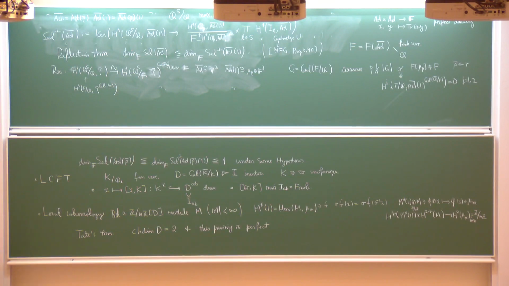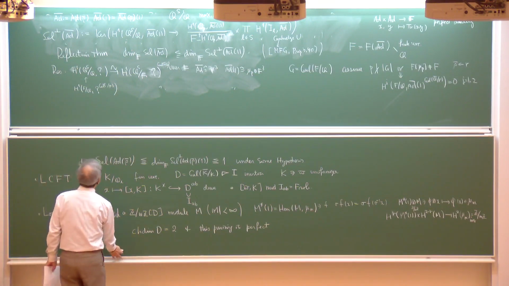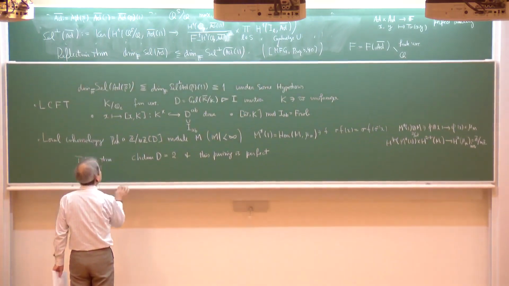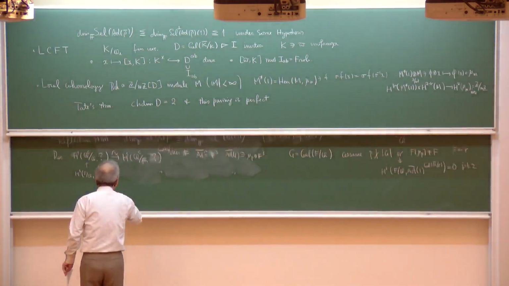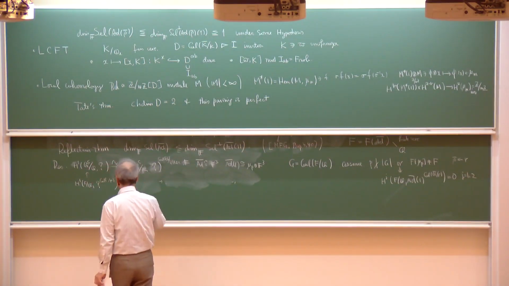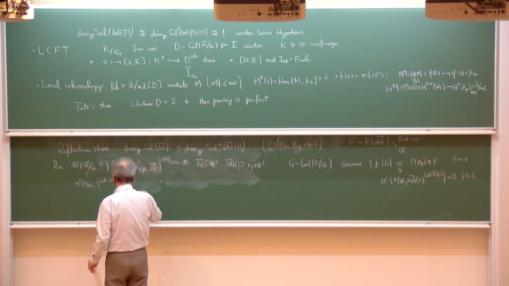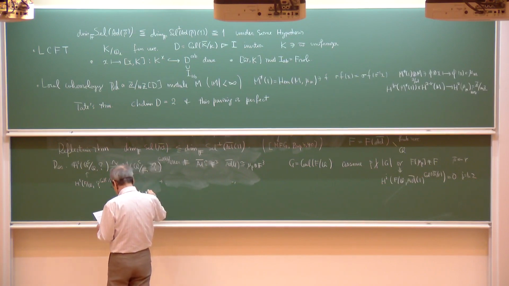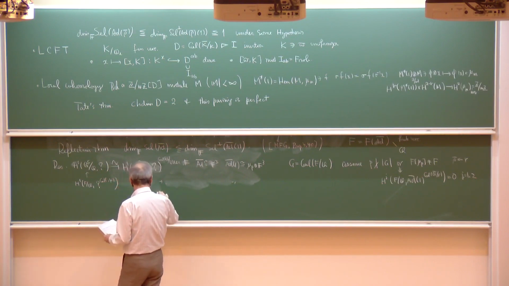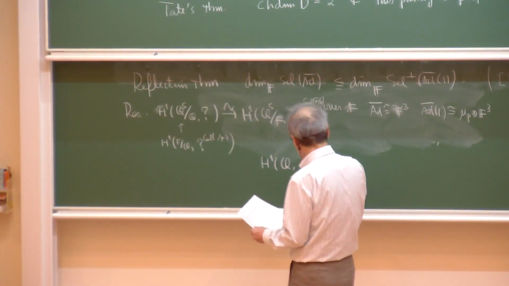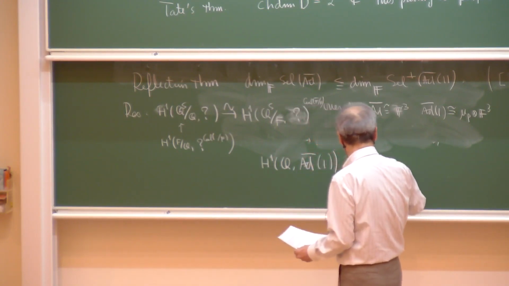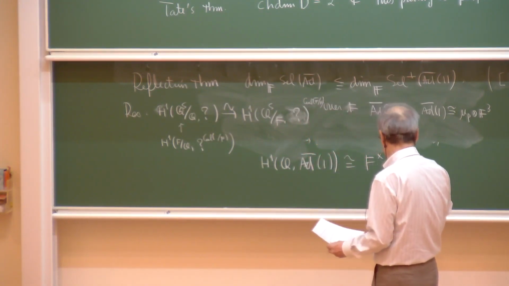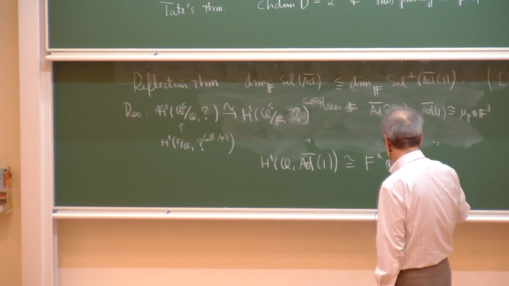Then by this inflation restriction, I would perhaps write H1 of Q with coefficients in ad bar(1), I don't need to put Q_S here, is isomorphic to F cross tensor over Z of ad bar, right?